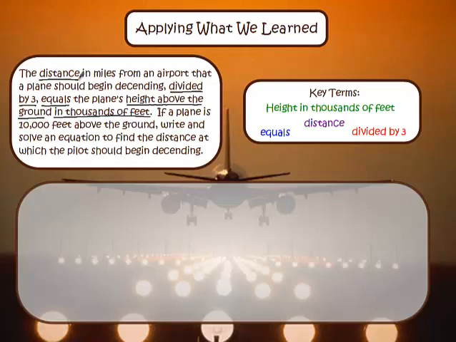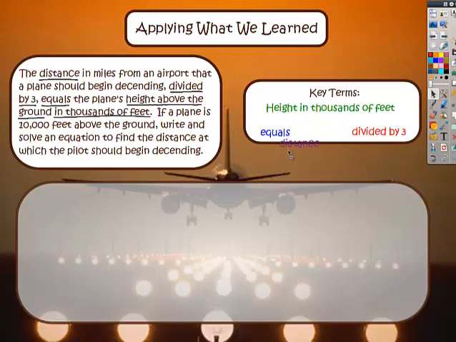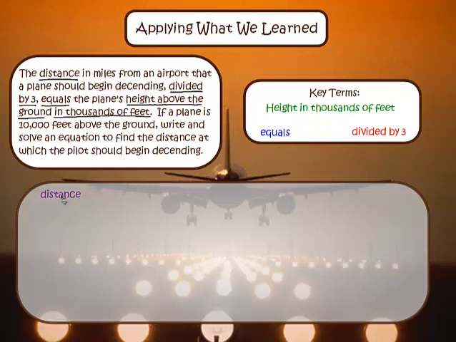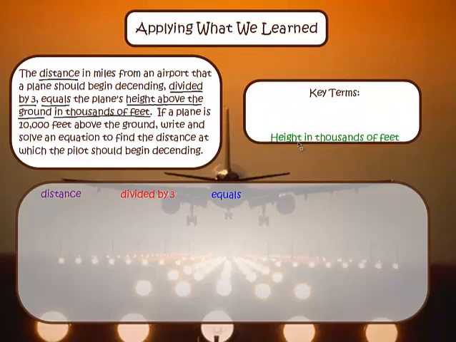So I can build an equation if I know all these key terms. And so using these key terms in this box here, I'm going to pull it all together. Let's see, so distance divided by 3 equals the height in thousands of feet.